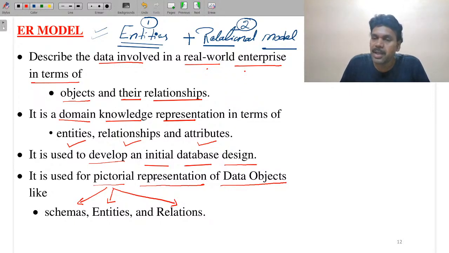So ultimately, without the ER model, we cannot say that the relational model really exists, because the ER model is integrated with the relational model and is mostly used to represent and design the things.